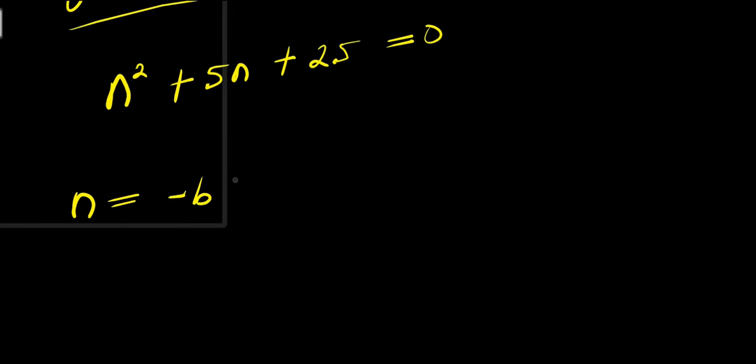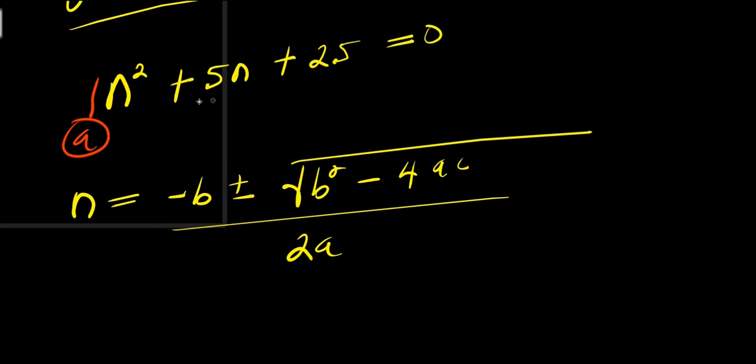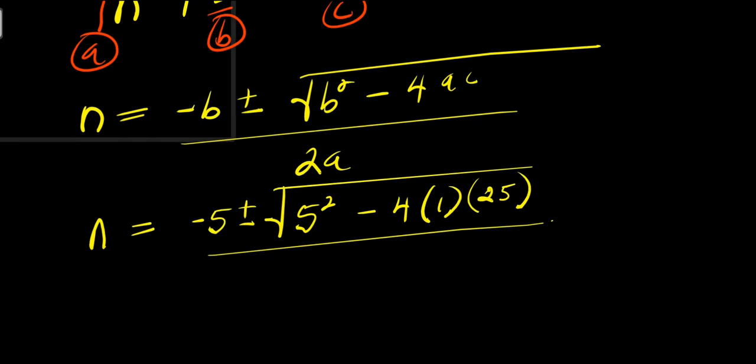So we solve this using the formula method. We have n equals negative b plus or minus square root of b squared minus 4 times ac, divided by 2a. The coefficient of n squared here is a, the coefficient of n is b, and this is c. So from here, I have n equals negative b, which is negative 5, plus or minus square root of b squared, 5 power 2, minus 4 times 1 times this is 25, divided by 2 times 1.